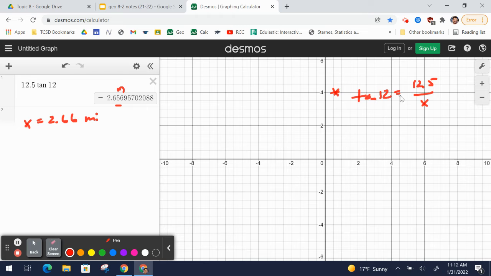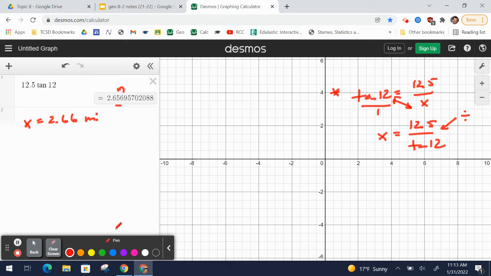Now, I could set up a proportion and show you that, just like we did before, you can switch those two things because they're going to be cross-multiplied together, right? But in the end, all I want you to know is that the x comes out and the tangent of 12 goes in the bottom. So instead of taking 12.5 and multiplying it by the tangent of 12, you're going to take 12.5 and divide it by the tangent of 12.